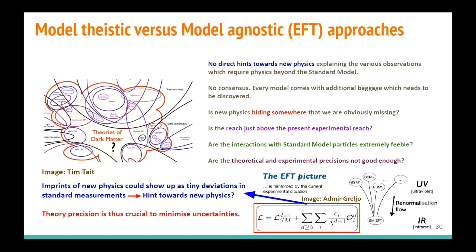So, we have not come to that scenario yet. Instead, what we can do is take some BSM models at some scale lambda, integrate out the heavy fields and get SMEFT from a top down approach. We could have also gone from the bottom up approach.